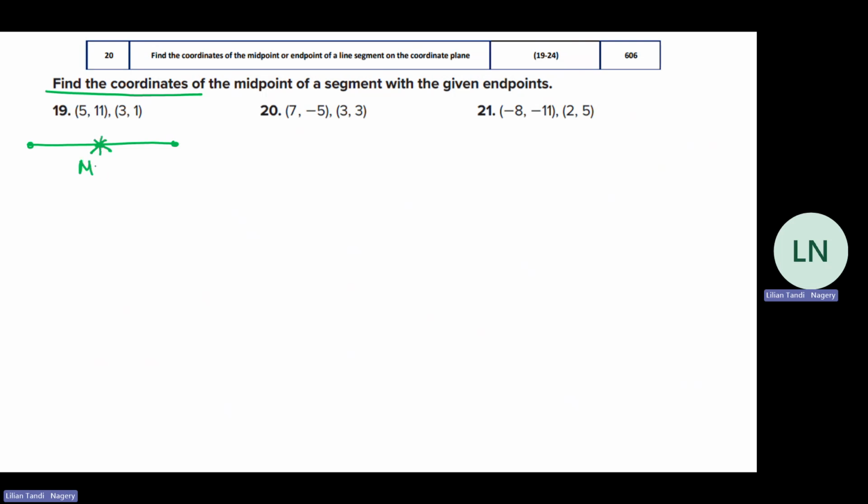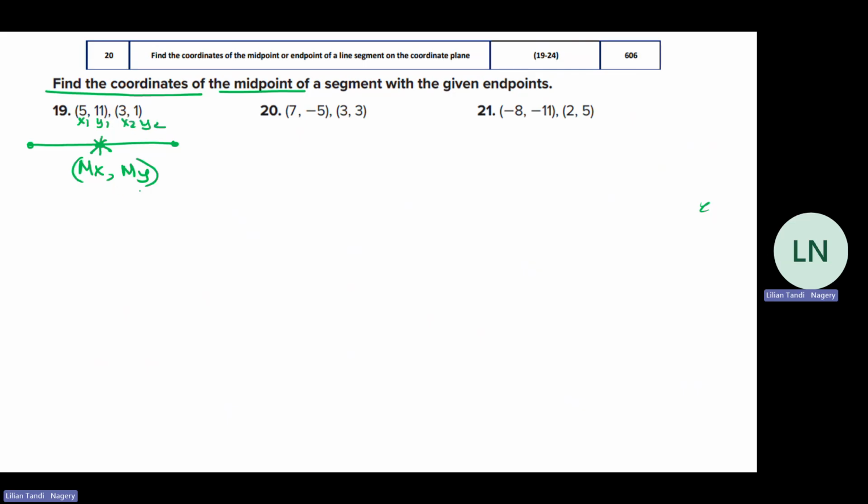And this dot is your mx, this is your my. That's what you don't know, because that's what the question said. Find the coordinates of the midpoint. You don't know mx and you don't know my. But this is your x1, y1, x2, y2.